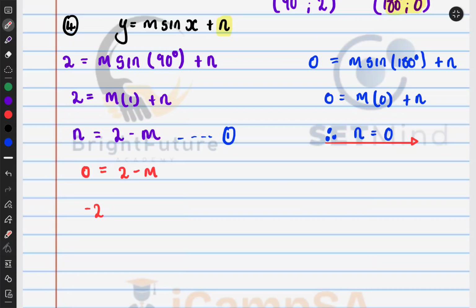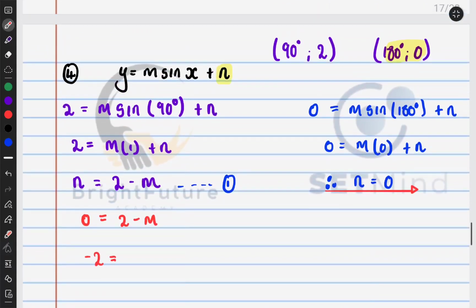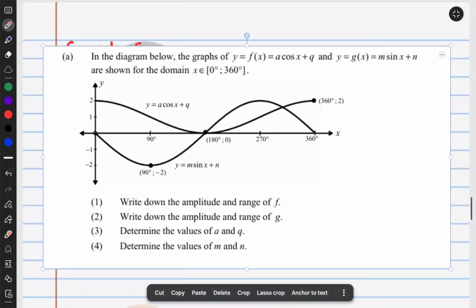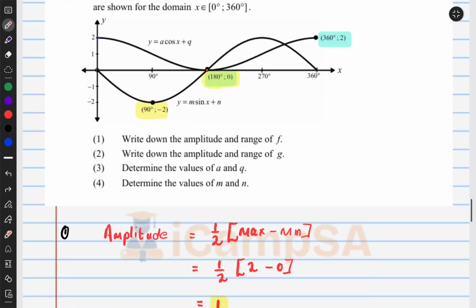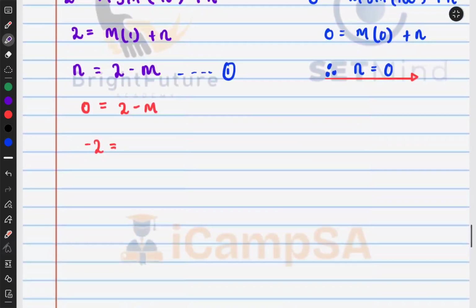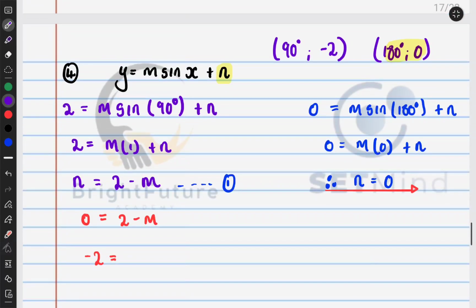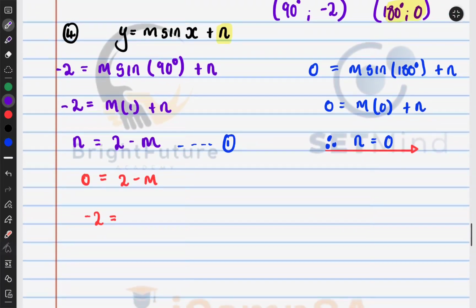Oh, I see that I made a mistake. The coordinates are 90 and -2, and I substituted 90 and 2. I can see from the answer I'm getting that I made a mistake somewhere, so it doesn't change much though. It's 90 and -2.